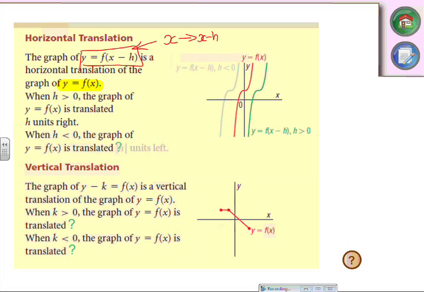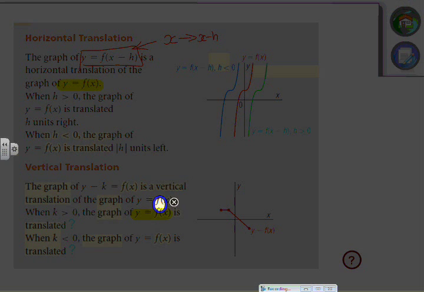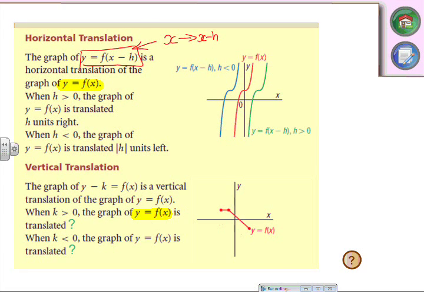Taking it down to the vertical translation now, starting again with your y equals f of x. The change that we're doing in this one, the f of x stays as the f of x. The x is still the x.